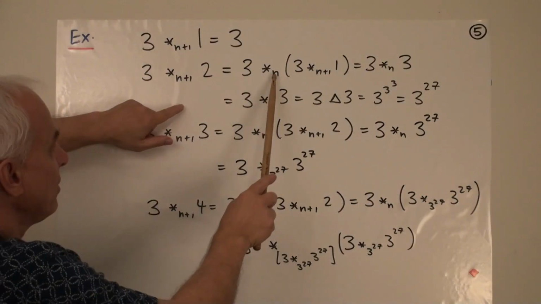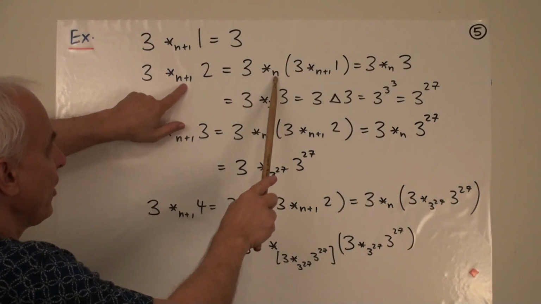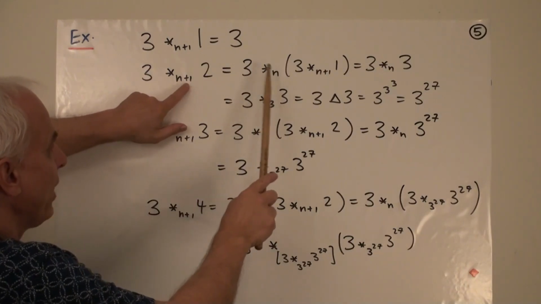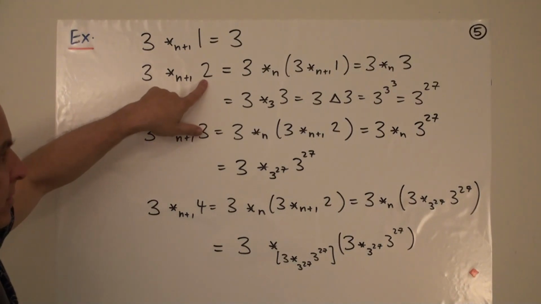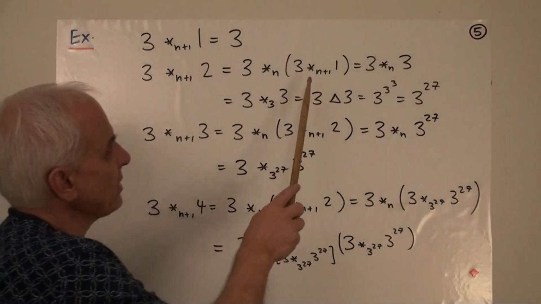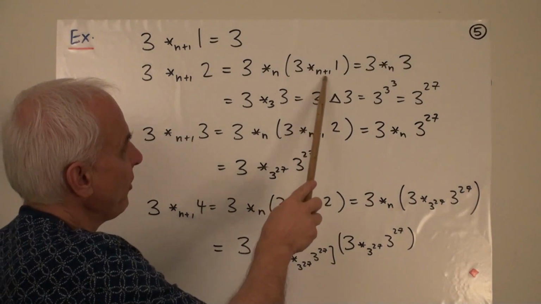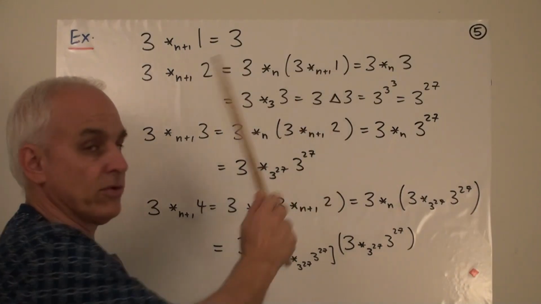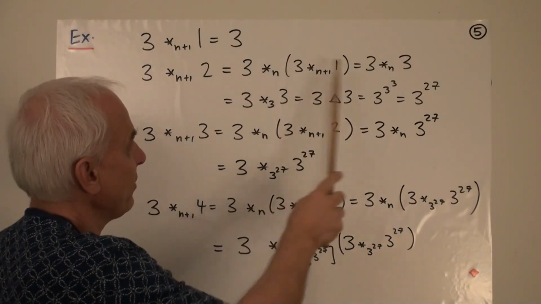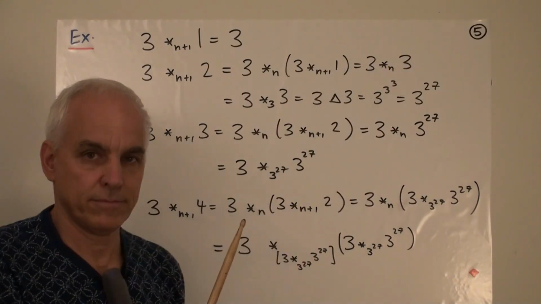So we lower this thing here by 1, and we lower this entry by 1 there. Now, what is 3 star n plus 1, 1? Well, 3 star anything 1 is equal to 3. So this becomes 3 star n, 3.